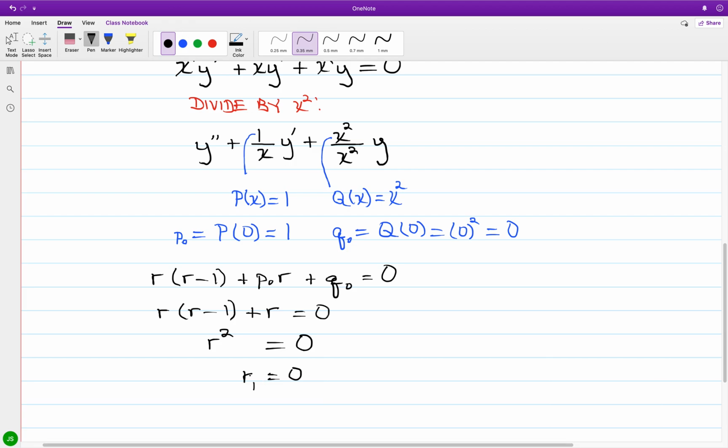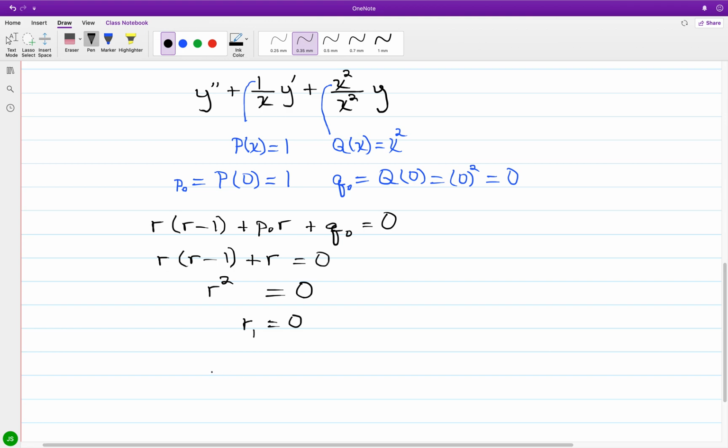So in the development, for y itself, again with the method of Frobenius, we have x to the r1 times the summation as n goes from 0 to infinity of c of n times x to the n.